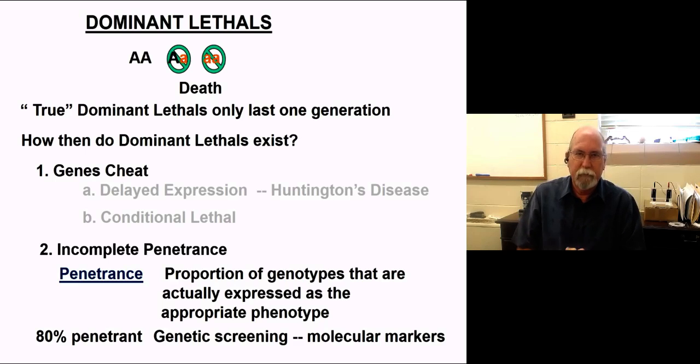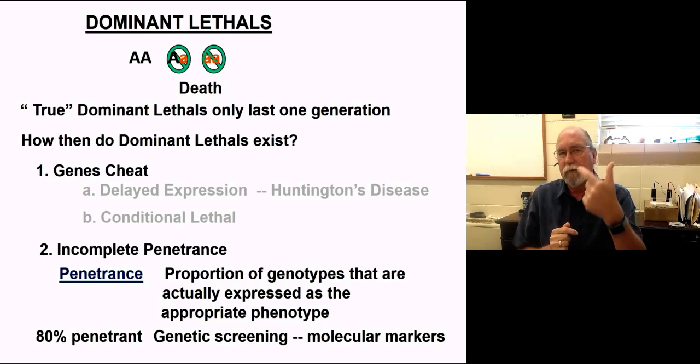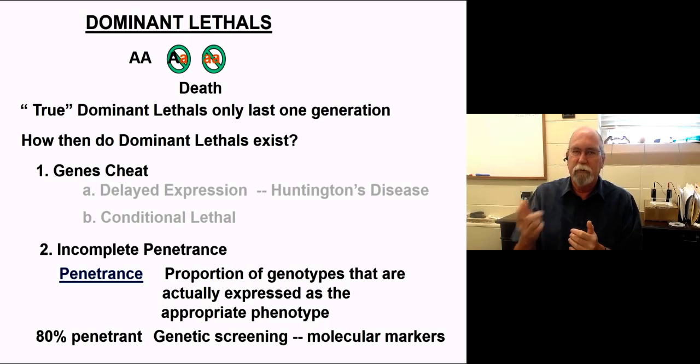So you don't have to worry about, well, every now and then I get a het that doesn't show up like it's supposed to. But in the real world, that's exactly what happens. Now, that can be because of environment, it can be because of all sorts of things. Very, very important in things like genetic screening, because these markers a lot of times aren't perfect markers. Just because you have the marker doesn't necessarily mean you're going to get the disease or you're going to get the problem, right?